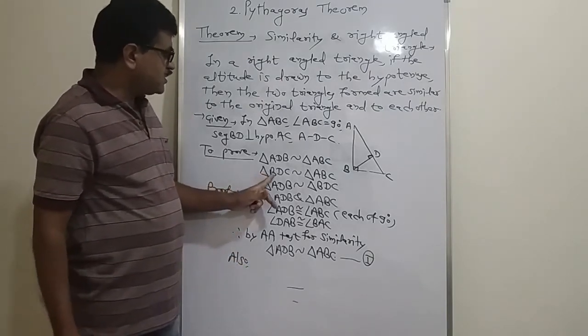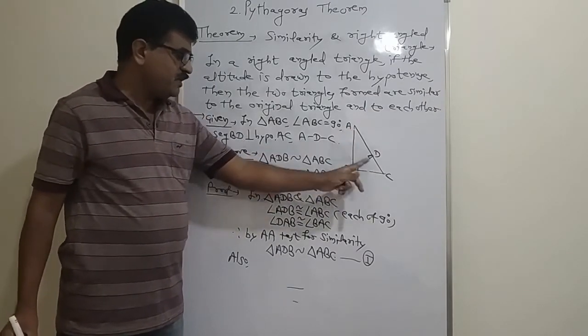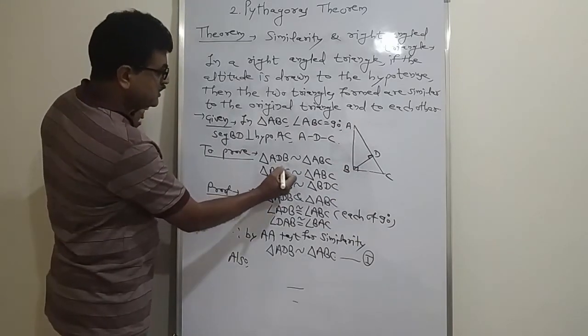now take these two triangles, triangle BDC and triangle ABC. We have to show this second.